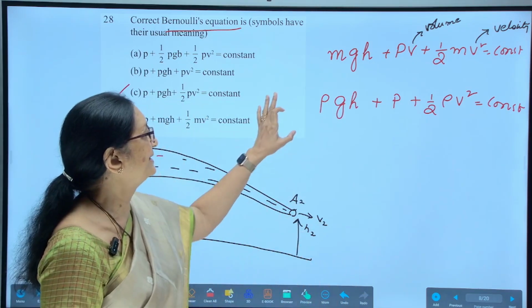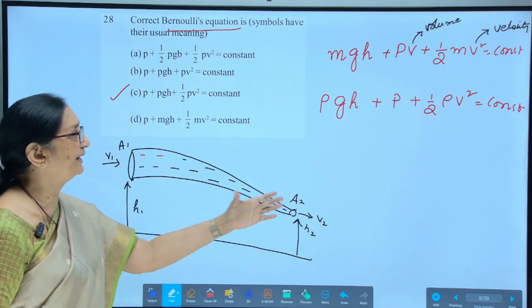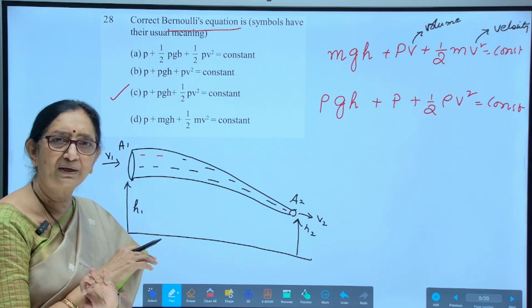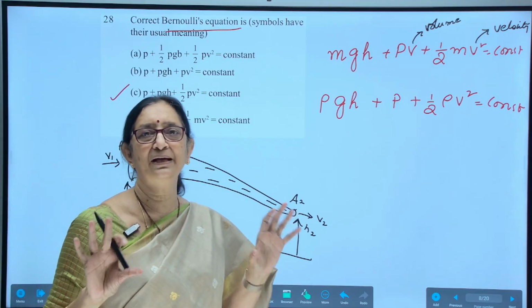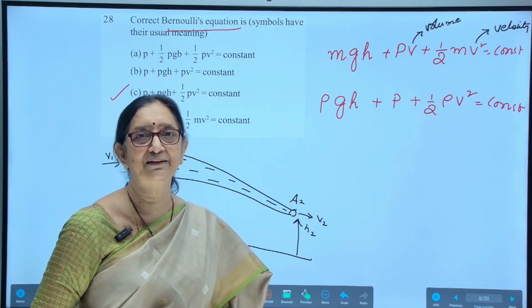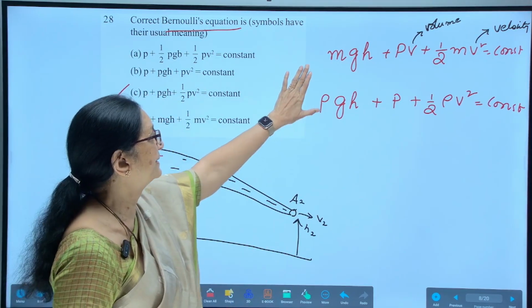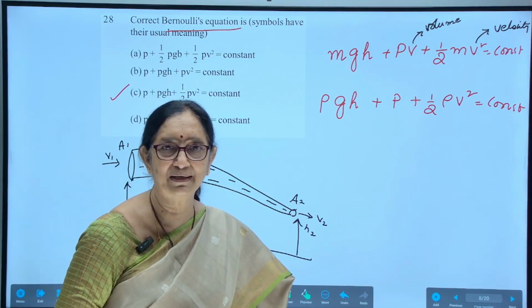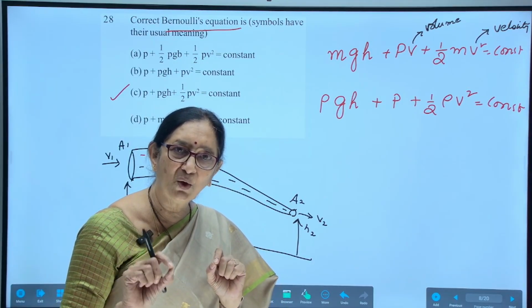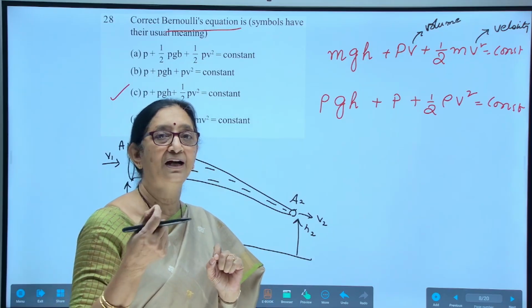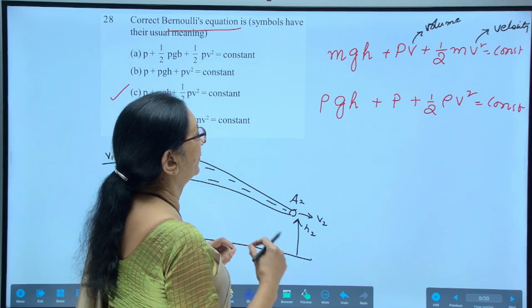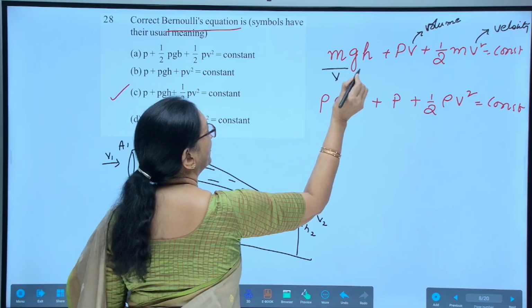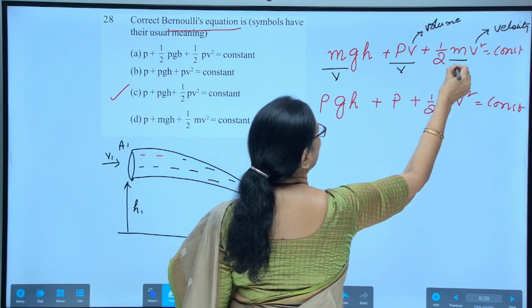So, Bernoulli's theorem states that when a liquid is flowing through a tube of irregular cross section at different levels, whatever it may be, in streamline flow, the total energy of the liquid remains constant. That is mgh plus pV plus half mv square is constant. That is the total energy. If you consider total energy per unit volume, it becomes mass by volume for each term.